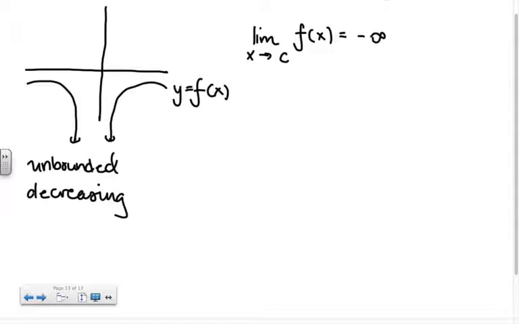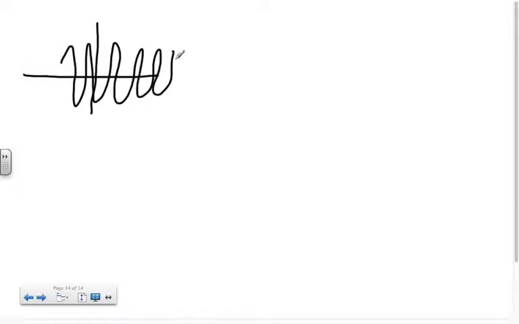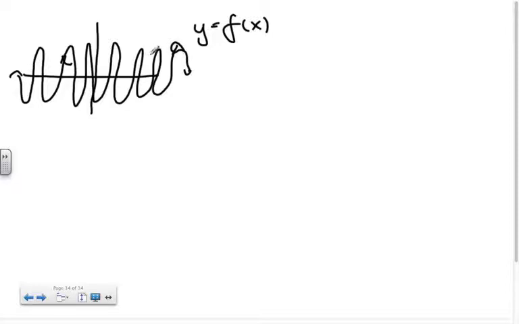Now, the last situation that can occur is what I talked about, oscillation. Oscillation is different from the other two. Something like this. I can't really draw it, but that's okay. That's, again, y equals f of x. It's something that repeats in this situation.